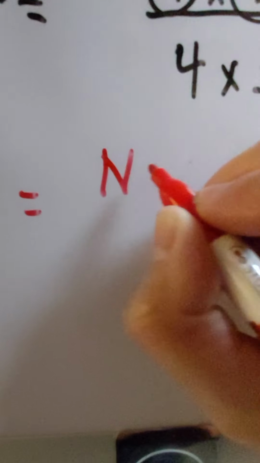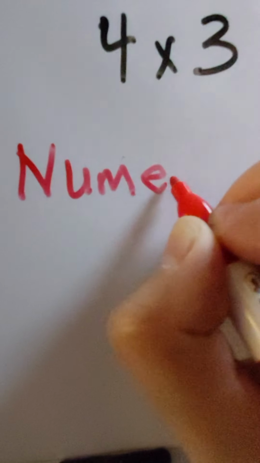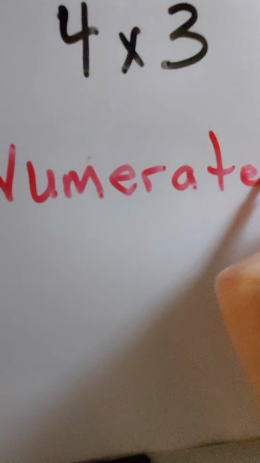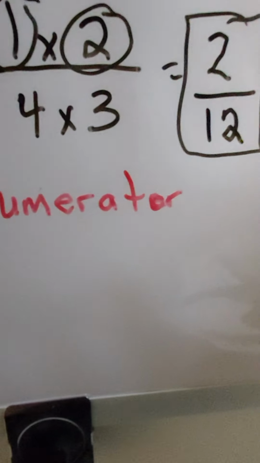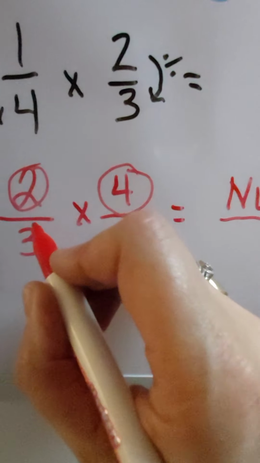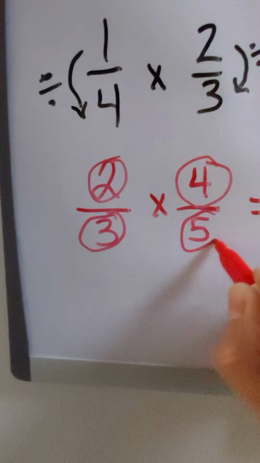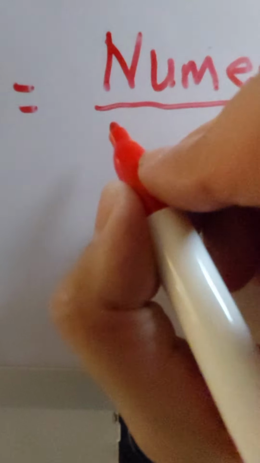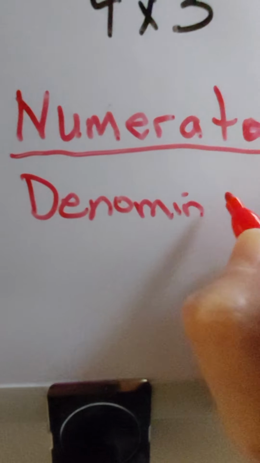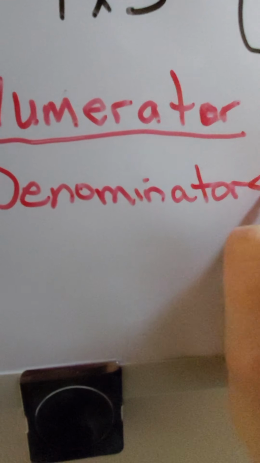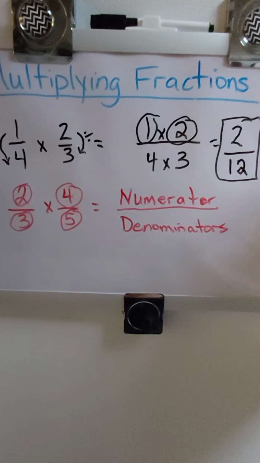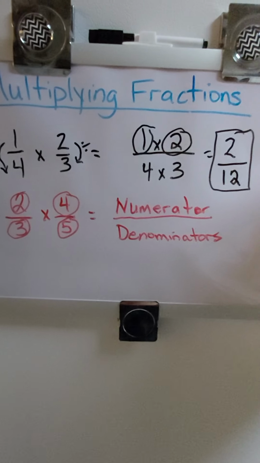It's a big word, numerator. And this whiteboard is absolutely terrible. Okay. And we divide it by the bottom numbers, 3 and 5, which are called the denominators. Numerator and denominator.